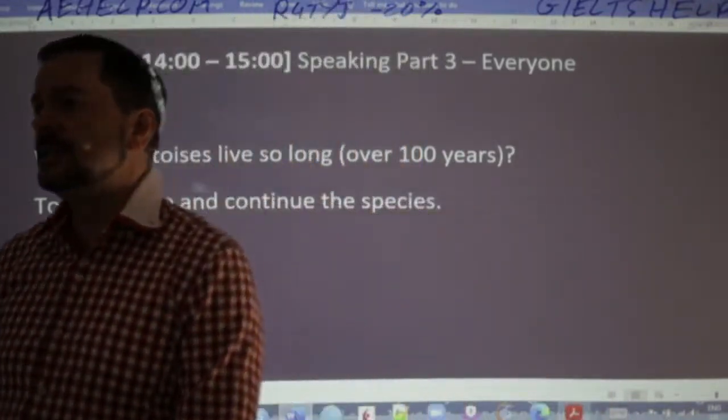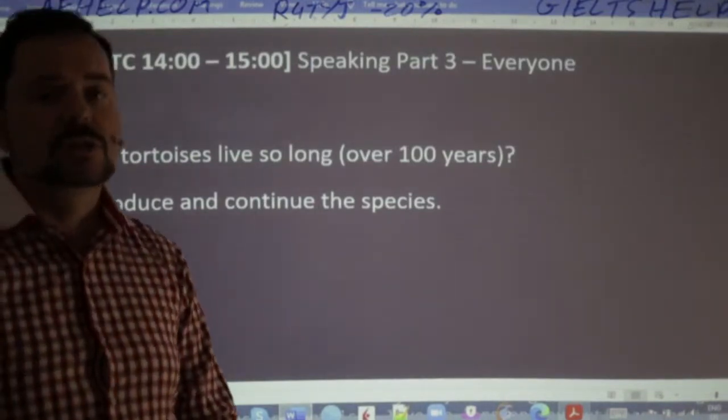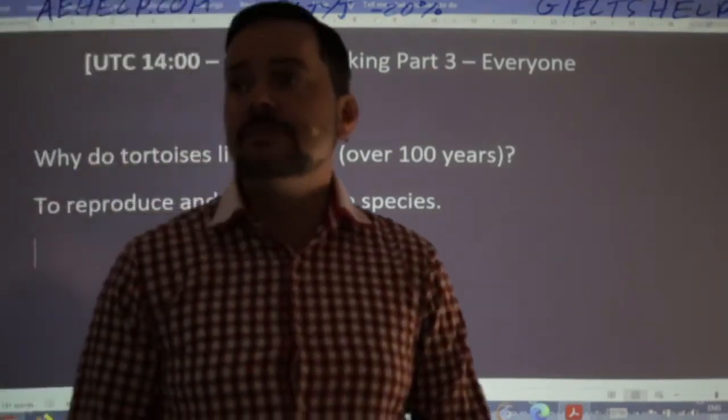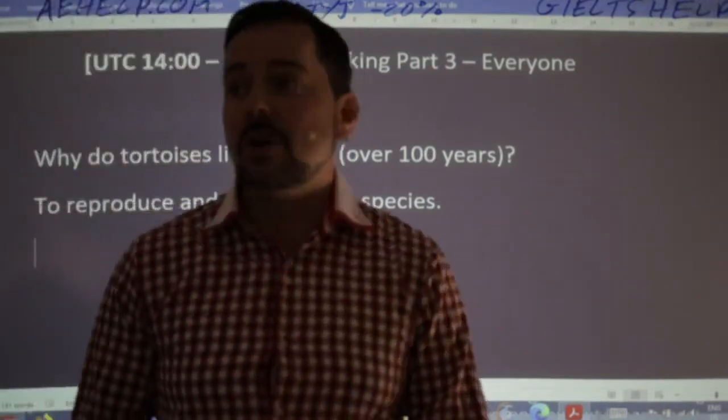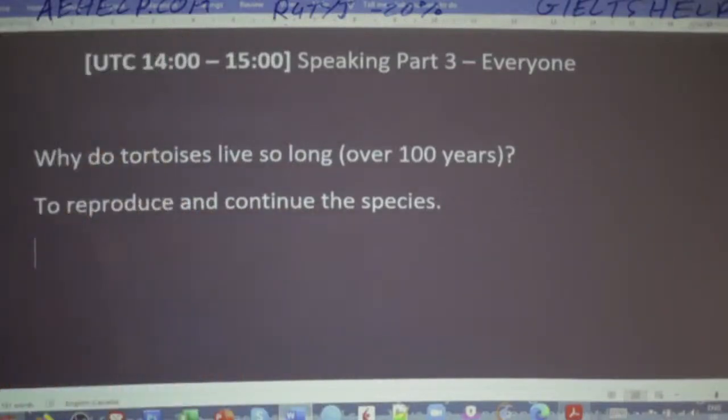Okay, Paulo says life in water helps them live longer. Tortoises are more land creatures. So a turtle lives in water, a tortoise lives on land. That's one of the big differences. Okay, so Paulo, keep this in mind.